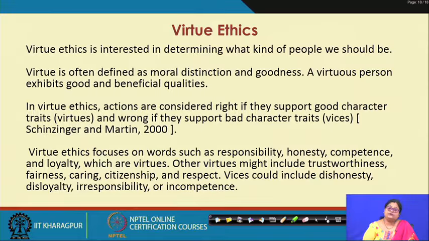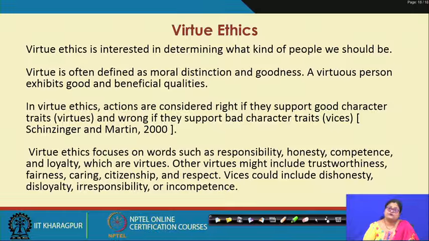Virtue is often defined as a moral distinction and goodness. A virtuous person exhibits good and beneficial qualities. In virtue ethics, actions are considered to be right if they support good character traits and wrong if they support bad character traits.